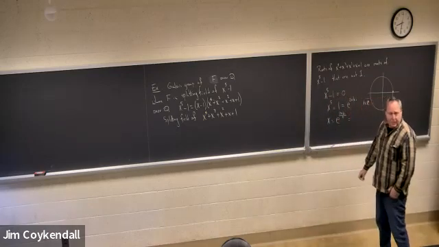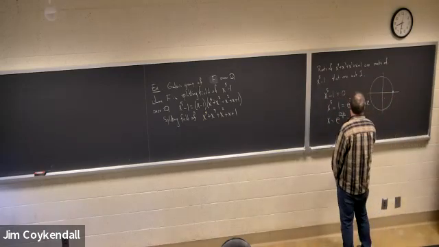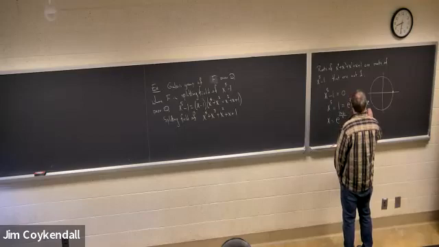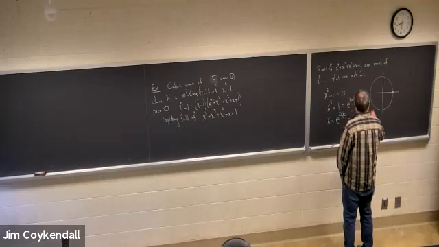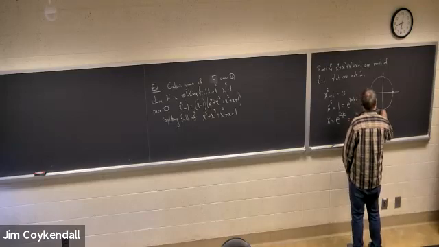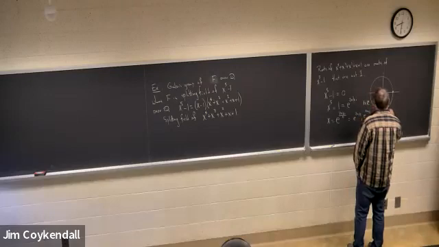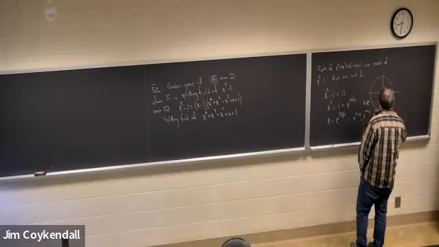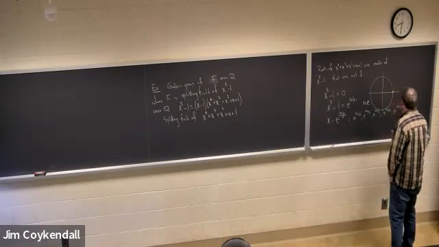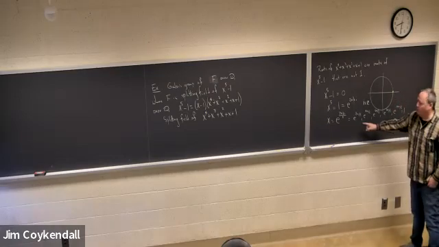And let's see what happens with this. I get e to the 2 pi i over 5, e to the 4 pi i over 5, e to the 6 pi i over 5, e to the 8 pi i over 5, and e to the 10 pi i over 5, which is actually 1, which is not one of my fun ones.